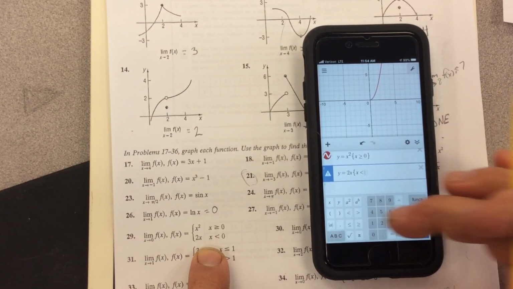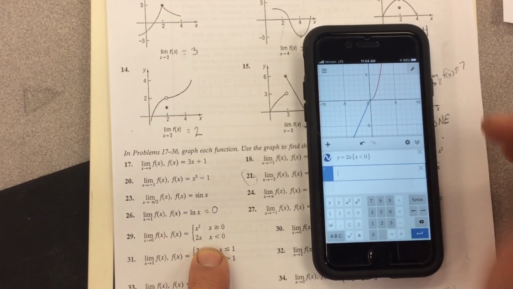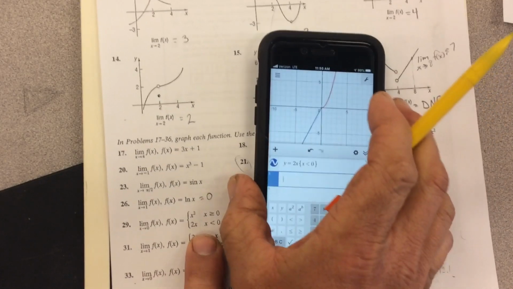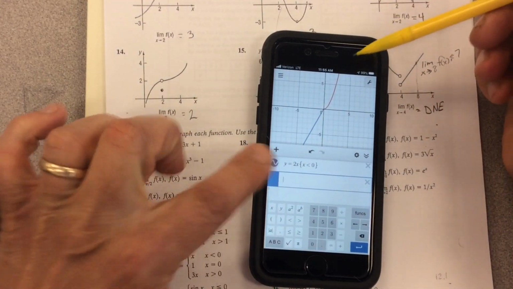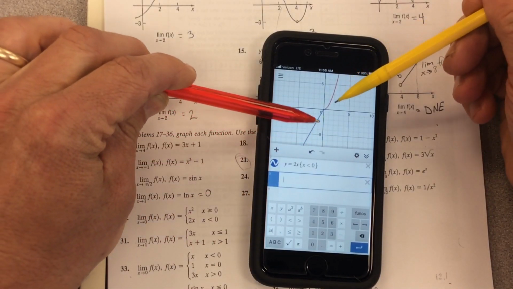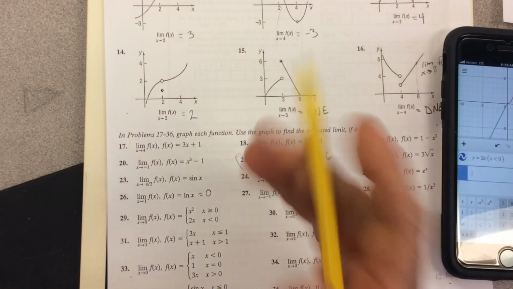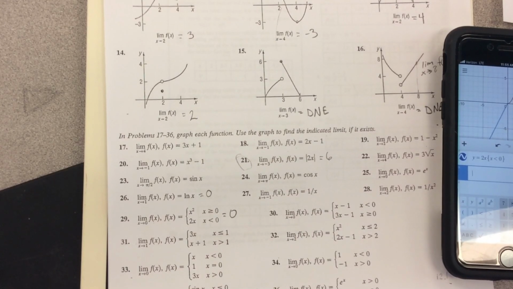I'll hit return. And I ask myself on that picture, I want to find the limit as x goes to 0. So as I get closer and closer to 0, are these two branches coming together? And they are, and they're coming together at 0. So this answer right here is 0.